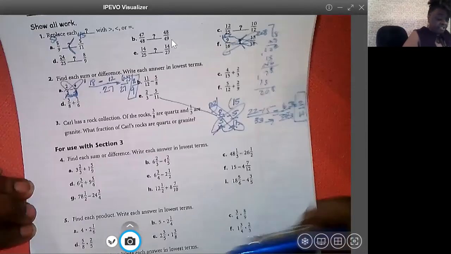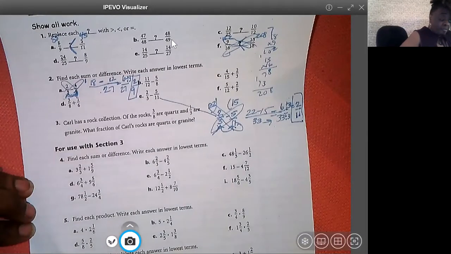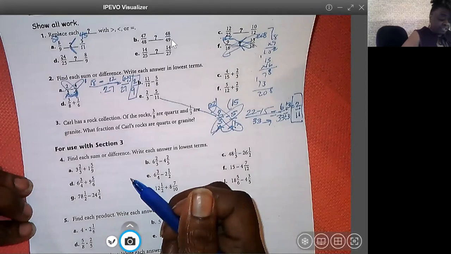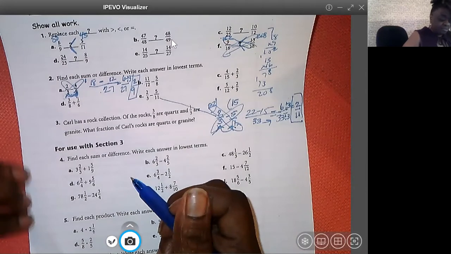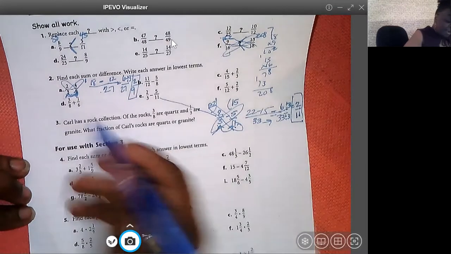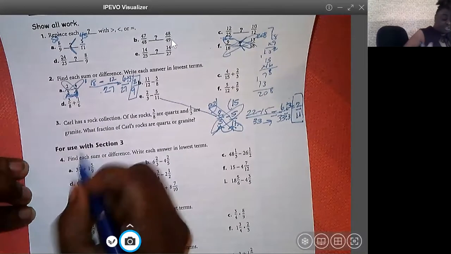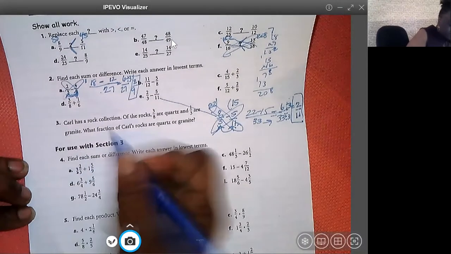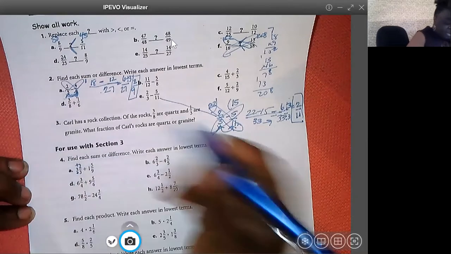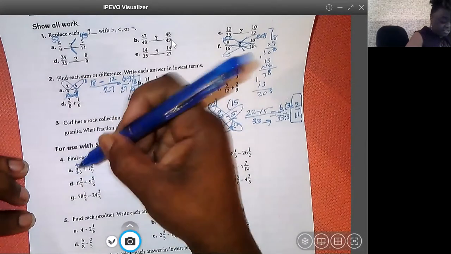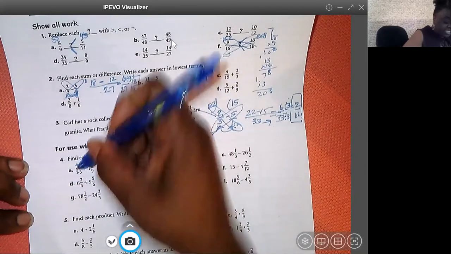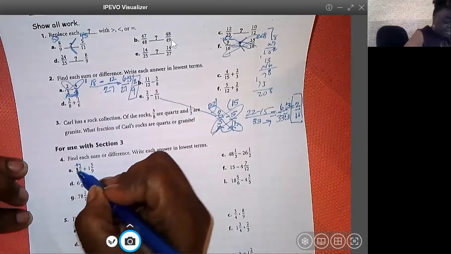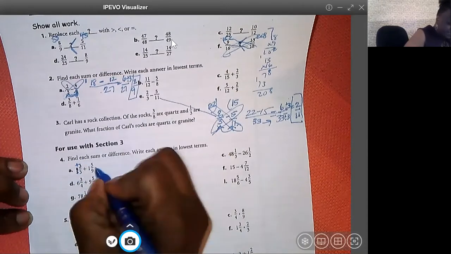Now, adding and subtracting fractions with whole numbers can be a little trickier. But if you remember how to take mixed numbers and make them into improper fractions, you multiply the denominator times the whole number, which is 9, and then 9 plus 2 gives you 11.